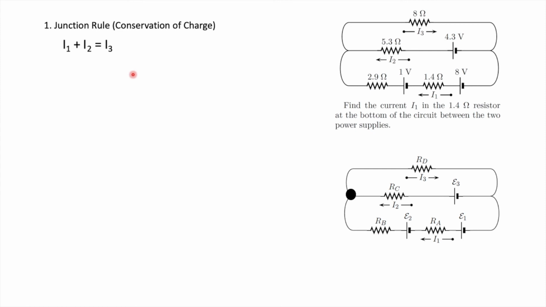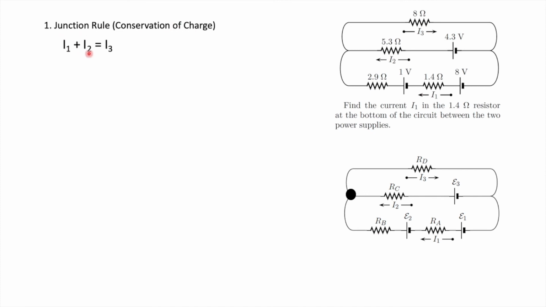That's one equation. In this example, and in many of the examples that we will do, you will usually have three unknowns. Here you have all the potential sources and the resistors known. The unknowns are three currents, I1, I2, and I3. So in order to solve three unknowns, you will need at least three equations.